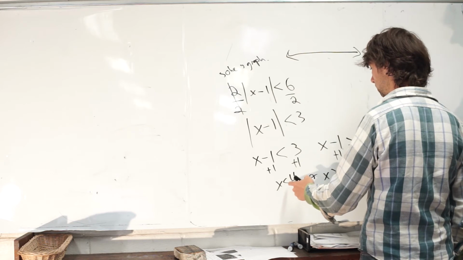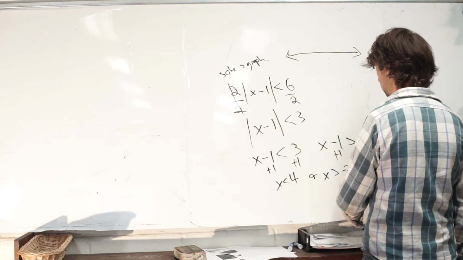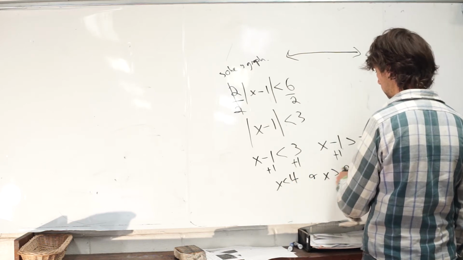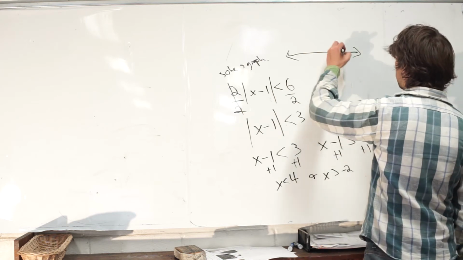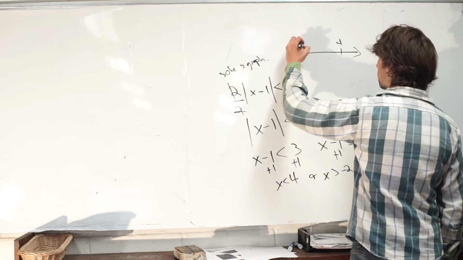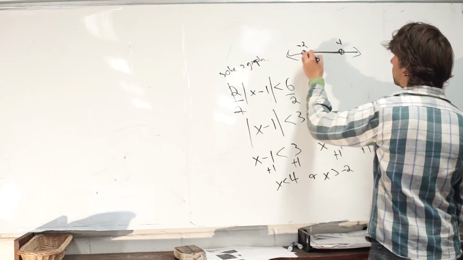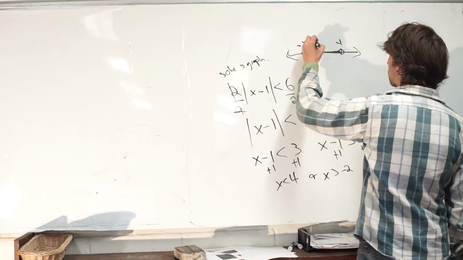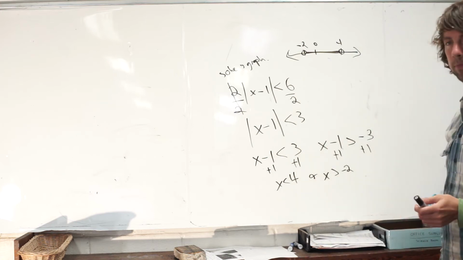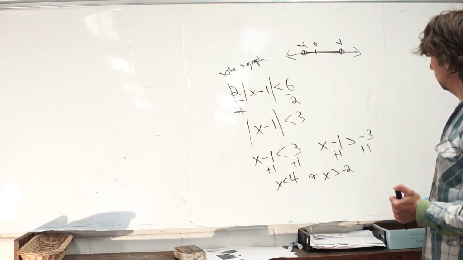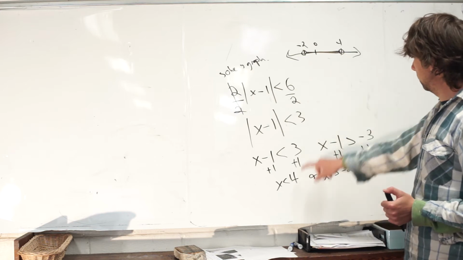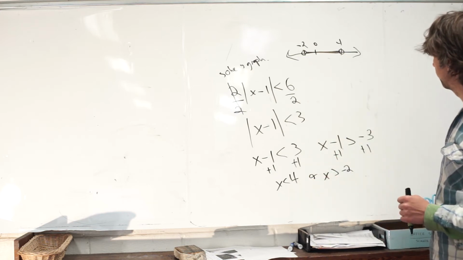So we're going to go from 4 and -2, and it's going to be in the middle because it's got to be bigger than the negative and smaller than the positive. So 4, -2, and it's in the middle. Okay, so 0 over there. My circles are open because it's not or equal to.